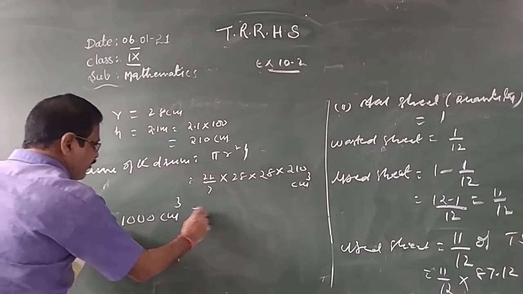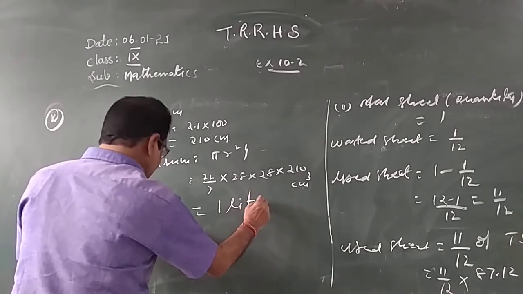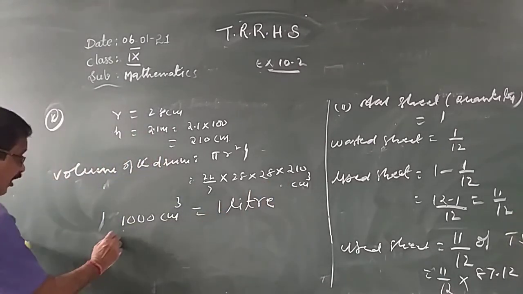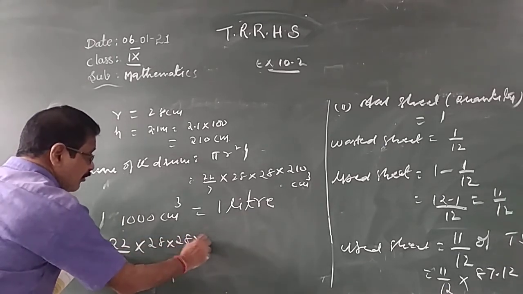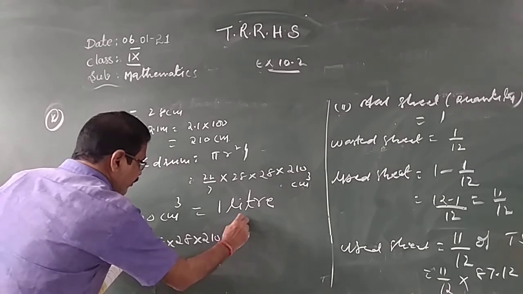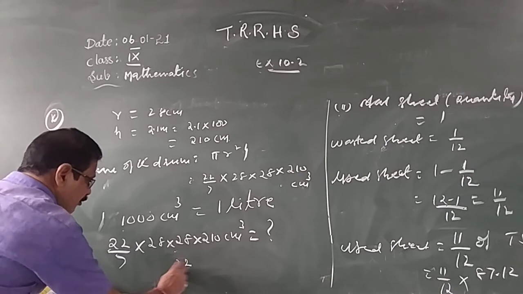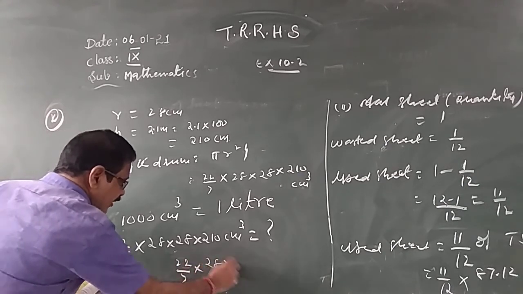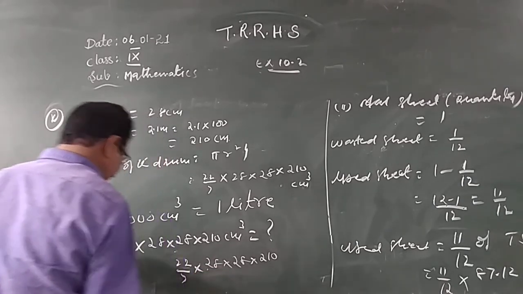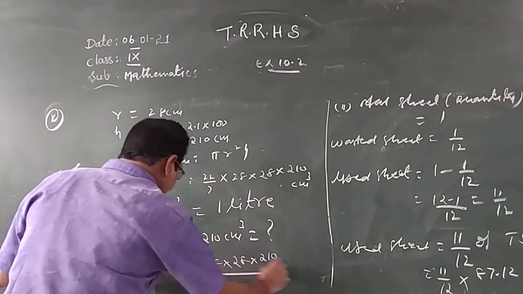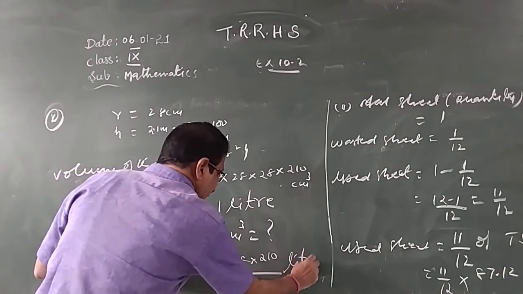So 22 by 7 into 28 into 28 into 210 cubic centimeters, divided by 1000, gives the liters.